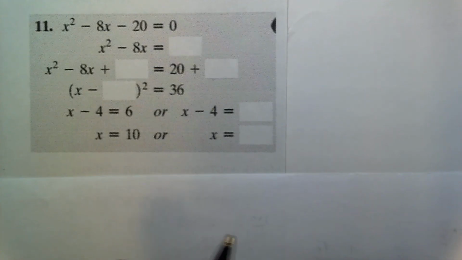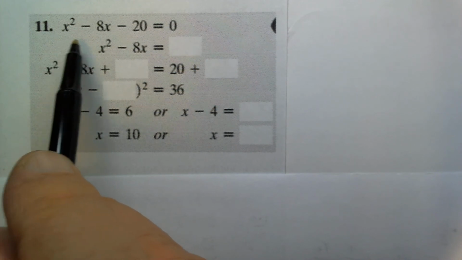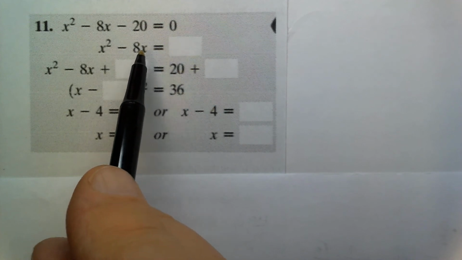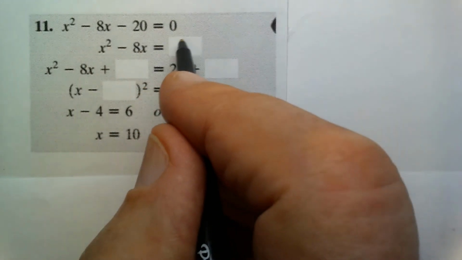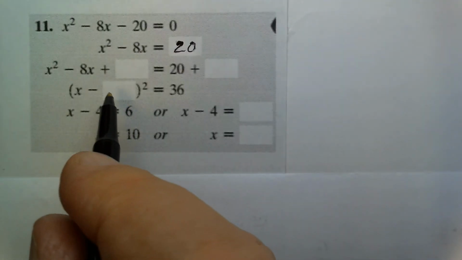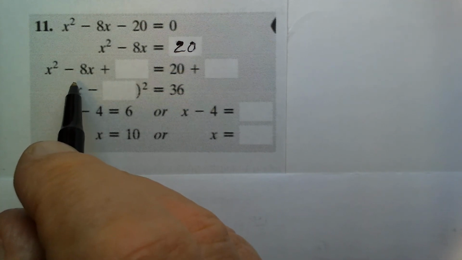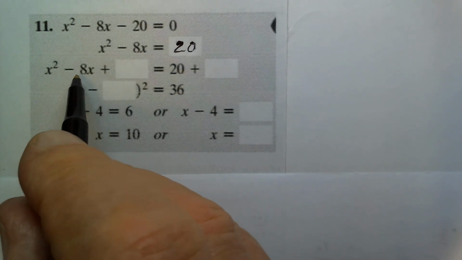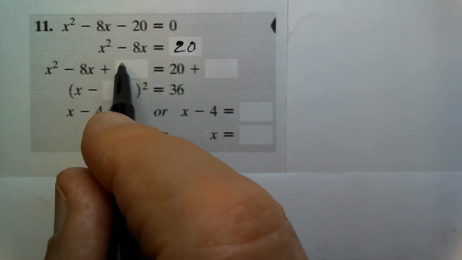For the guided solution, exercise number 11, we are solving x squared minus 8x minus 20 equals 0. So we add 20 to both sides. We have x squared minus 8x equals 20. Then we take 1/2 of the coefficient of x, which means of 8, and we square it. So half of 8 is 4, and 4 squared is equal to 16.